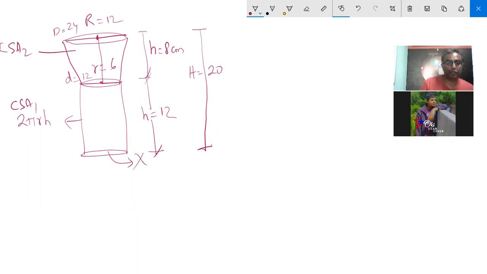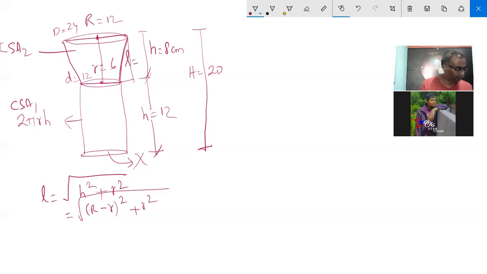Now what you have to find out: L is equal to root of h squared plus r squared. Slant height L. You have to find out h squared plus r squared. That means h squared plus r squared is equal to R minus r the whole square plus r squared.